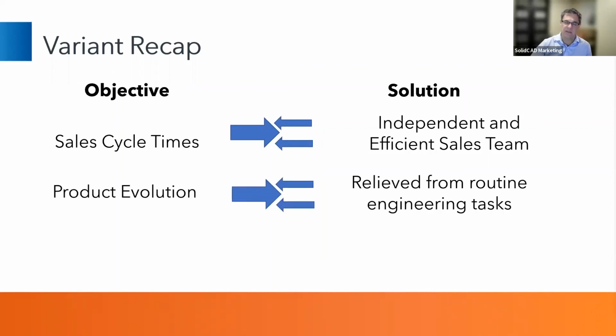Keep your engineering team focused on product evolution rather than chasing sales, with sales guys complaining they can't make sales because engineering can't get them stuff in time, and the engineering team complaining that sales just keeps bugging them.